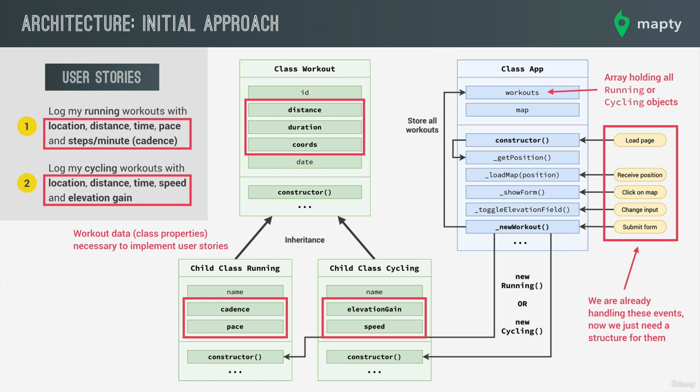Now, if the application was a bit more complex, then we could divide this architecture even further and create one class that would only be concerned with the user interface and one class for the so-called business logic. So basically the logic that works only with the underlying data. But in this case, we can just keep it simple like this.